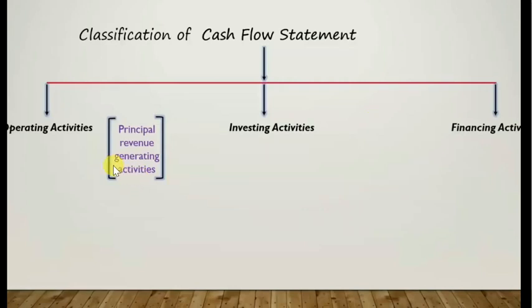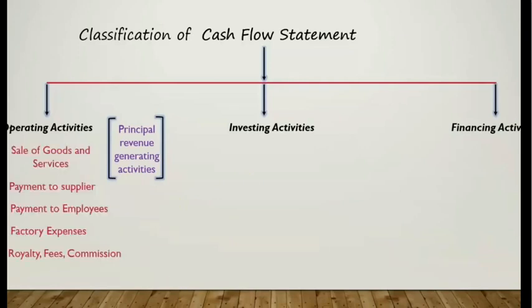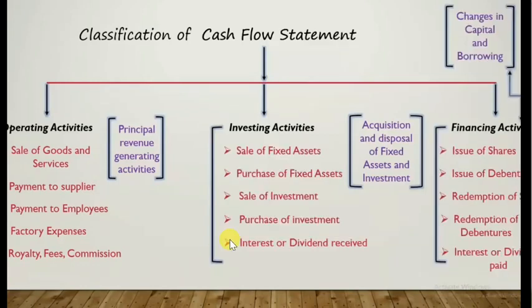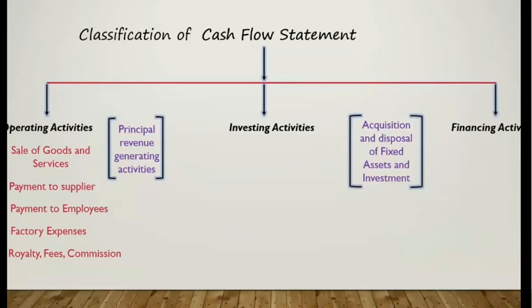The operating activities involve sale of goods and services, payment to suppliers, payment to employees, factory expenses, royalty fee, and so on. At the same time, the investing activities involve the sale of fixed assets, purchase of fixed assets, and investments. And financing activities involve issue of shares, redemption, and interest. That is all what we have discussed before.